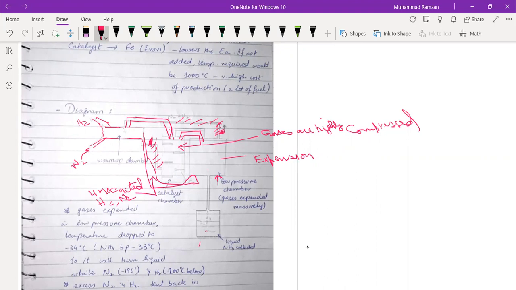Look, please. In the container, there are three gases.